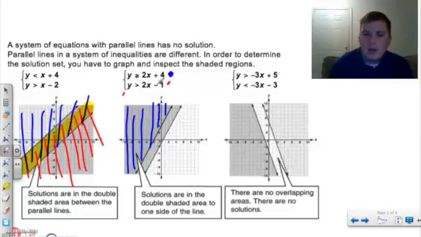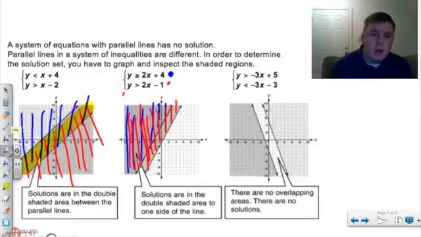On this one, it also wanted greater than, so we're still looking at the area above the second line. So we are going to have this area here where they overlap. So again, we're going to have solutions anywhere in this double shaded area.